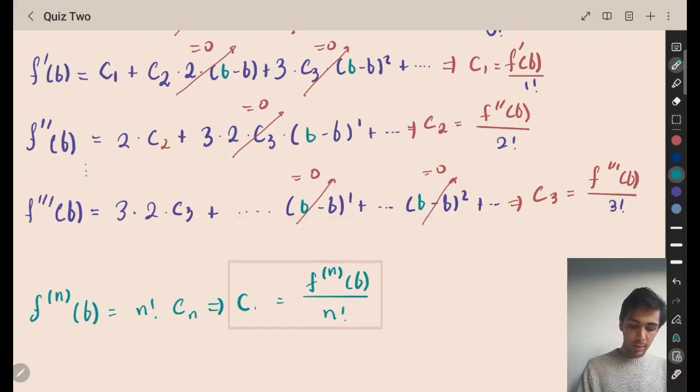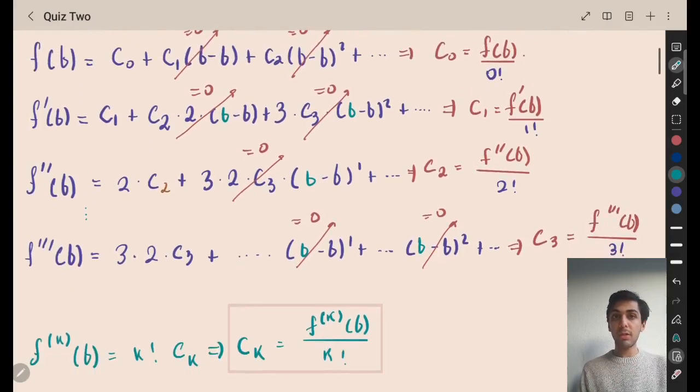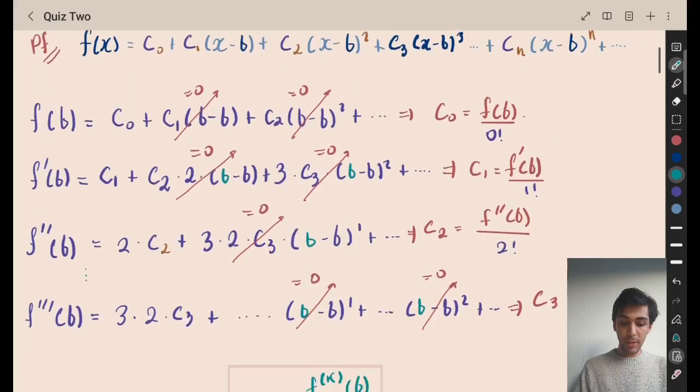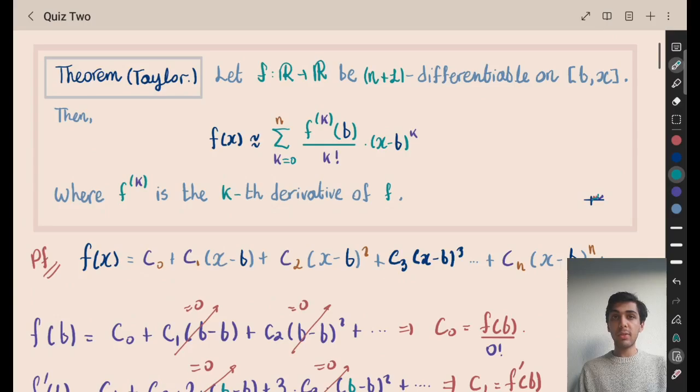Maybe I'll use k to be consistent with the theorem, but in principle, this works perfectly fine. So we have found a formula for describing the coefficients of this polynomial, and it's always determined by the derivatives of the function.